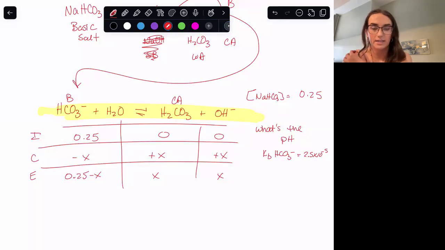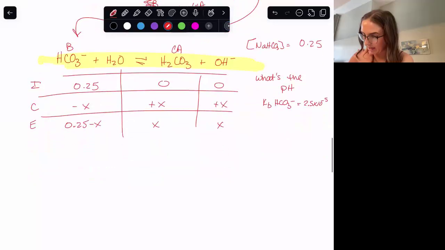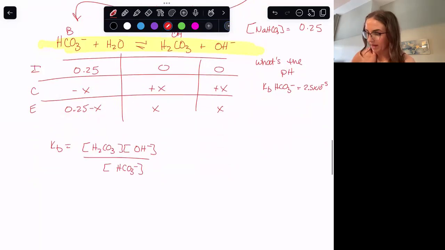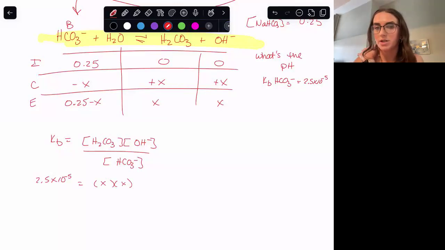Can we use Kb directly this time? Yes, we can. So we'll have Kb equal to H2CO3 times OH minus over HCO3 minus. We can plug all of that in. Can we use the approximation here?